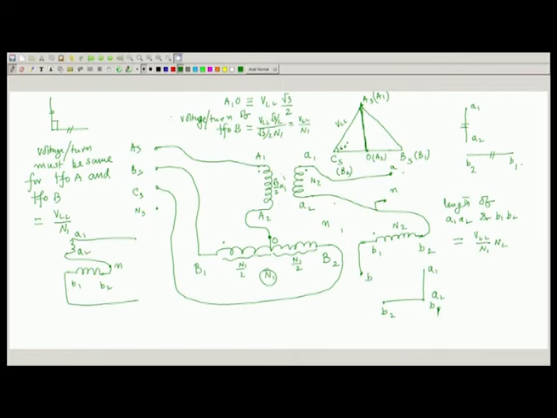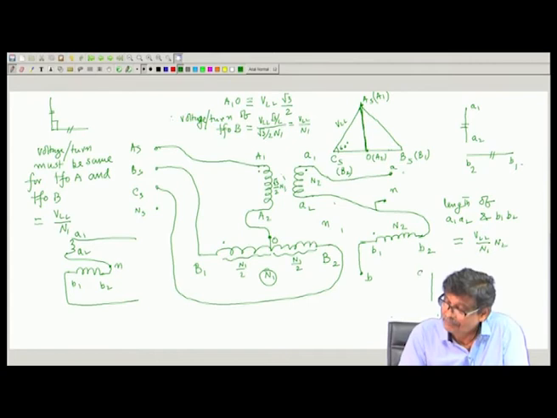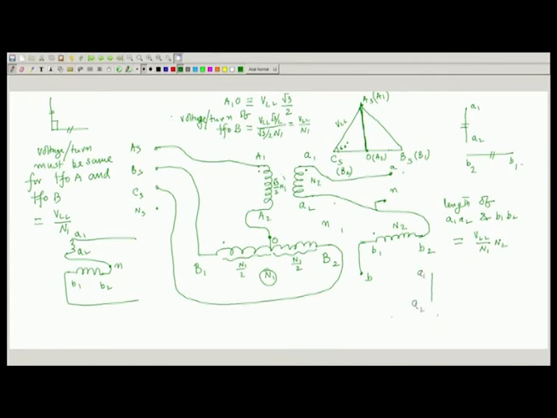If you join A2 B2 like that, then your phasor diagram will look like A1, B1, A1 A2, and I have joined B2 with B1, and this is my neutral.